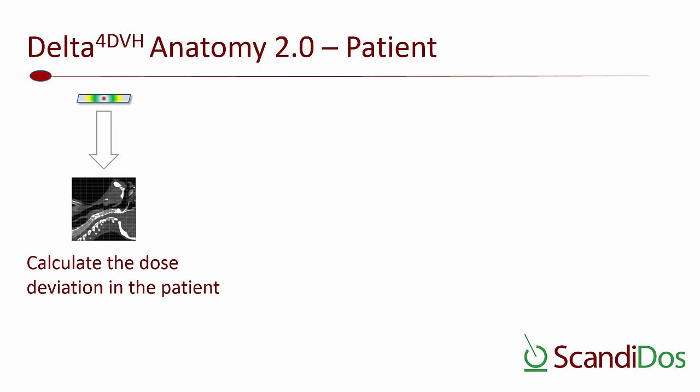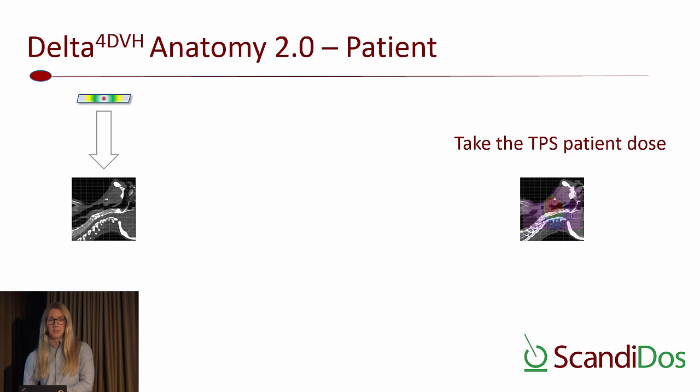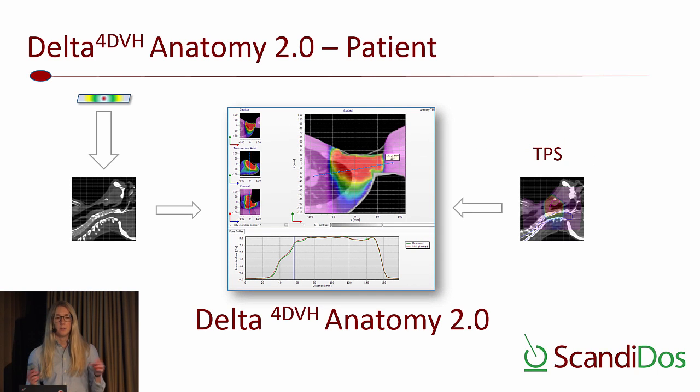So now we can calculate the delivered dose deviation in the patient anatomy. We import the treatment plan from the TPS and take the specific TPS dose, add the two together to get the delivered dose in the patient in the Anatomy 2.0 software module.